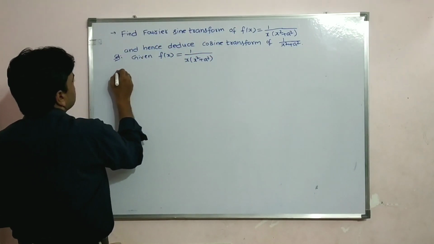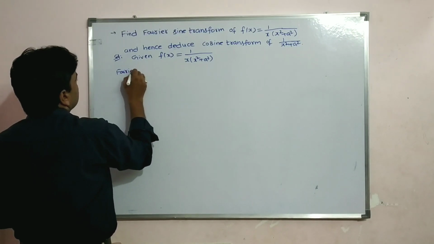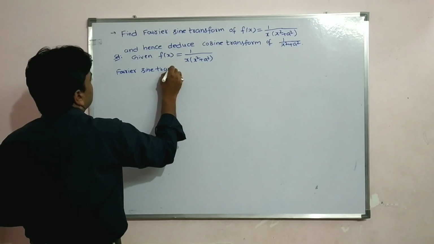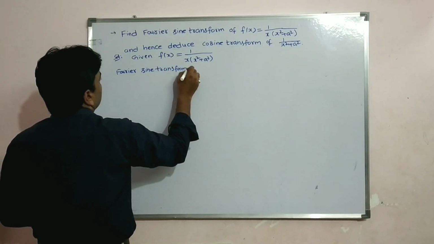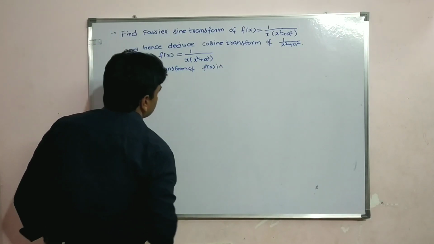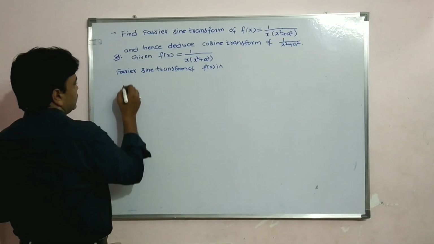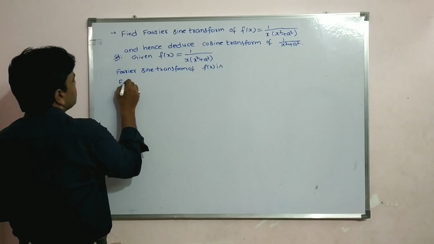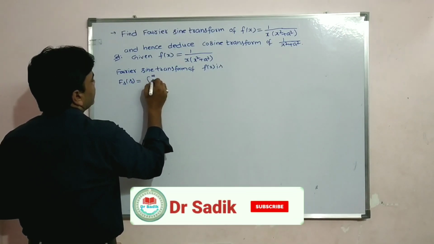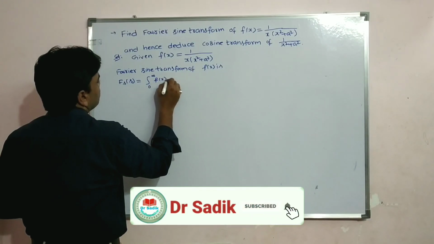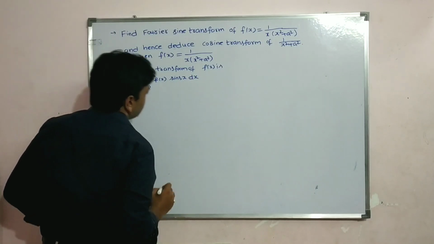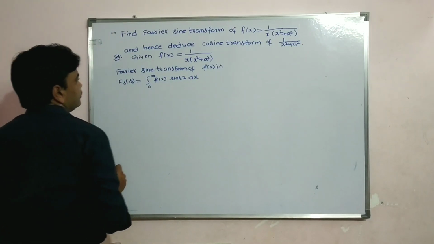So write down, students, the Fourier sine transform of f of x is Fs of s, that is equal to integral 0 to infinity f of x sine sx dx.